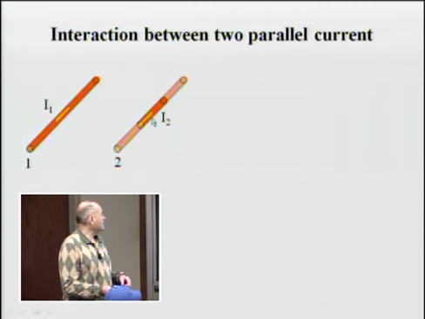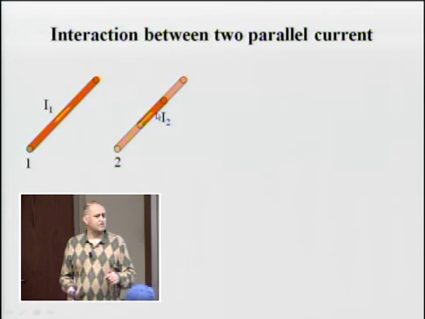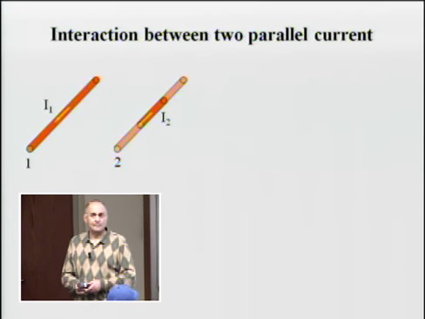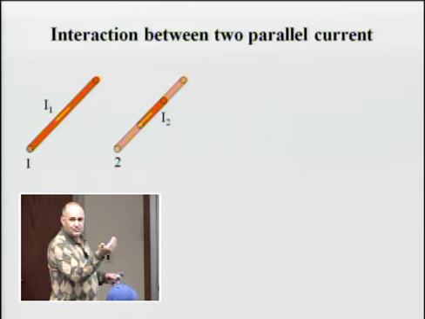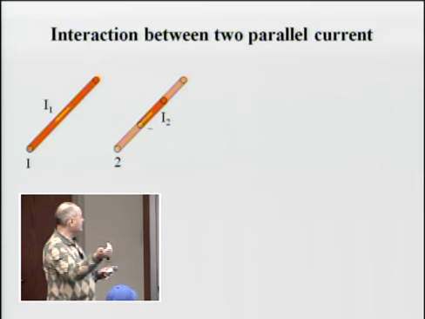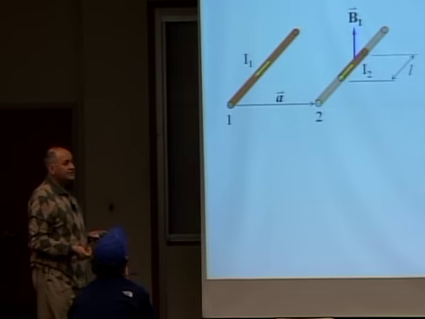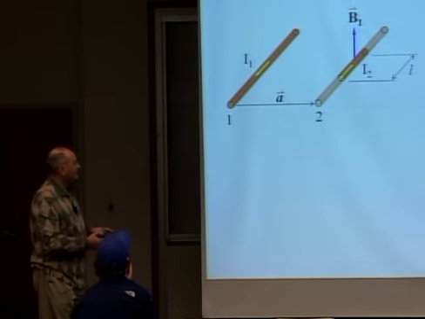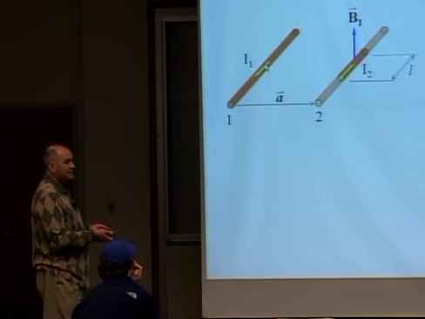So let's say what will be the magnetic field produced by this wire at this location. Why don't you use the right-hand rule to figure out the direction of that magnetic field? We align the thumb with the current, and the fingers show the direction of the magnetic field. The magnetic field is going to be up. So here we have the magnetic field produced by this wire.